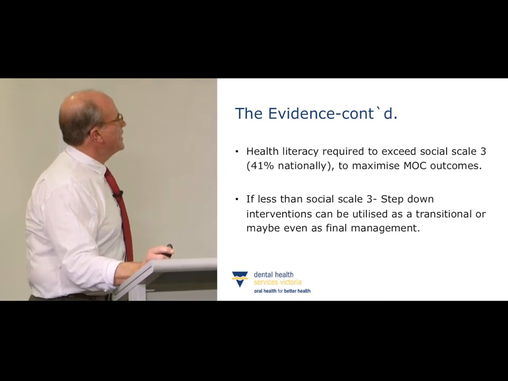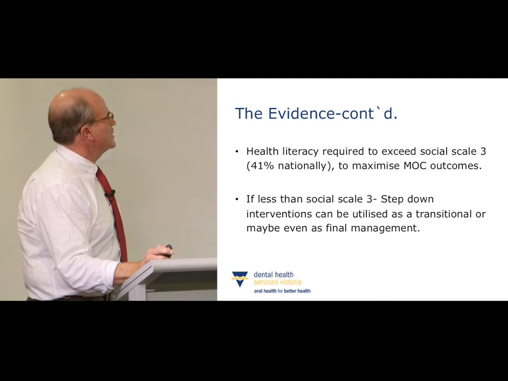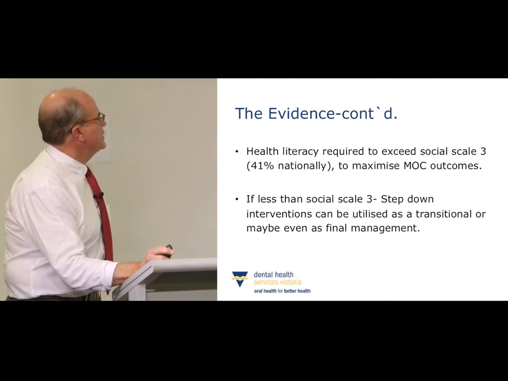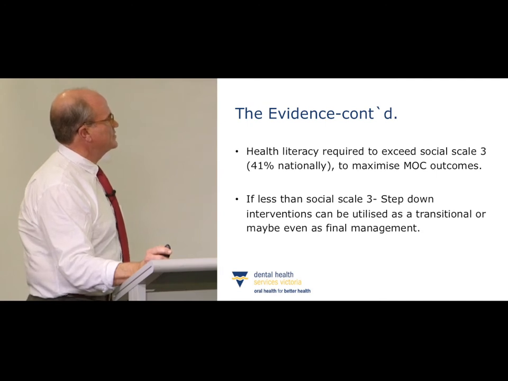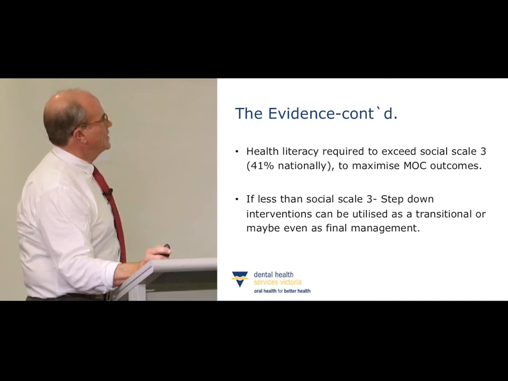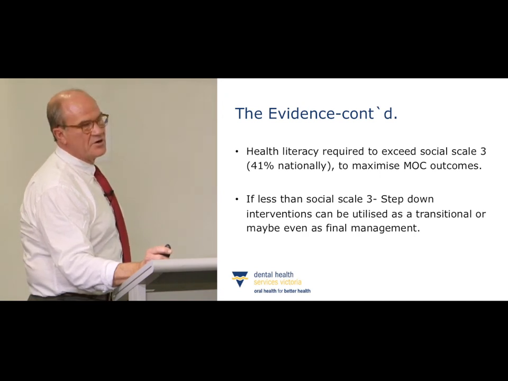Health literacy is a key part. We're looking at a social health literacy scale where a level above 3 is required. At this point in Australia it's 41% nationally to maximise models of care outcomes. So you need to exceed the level of 3 to actually make your model of care work.